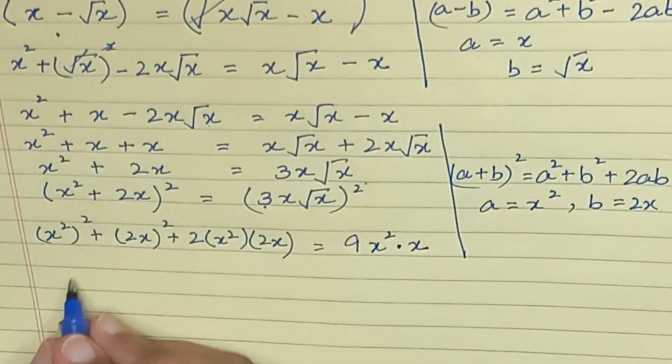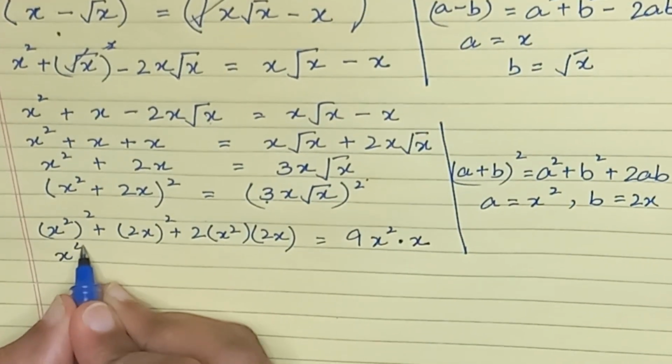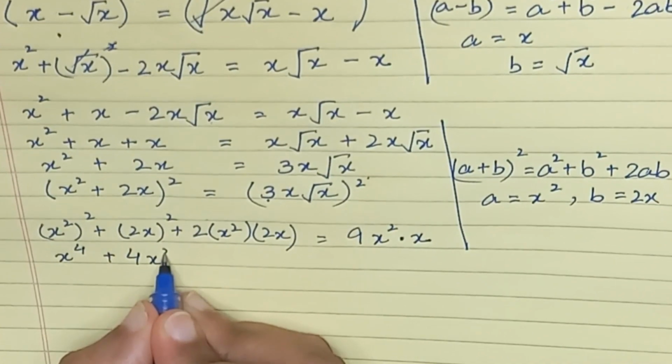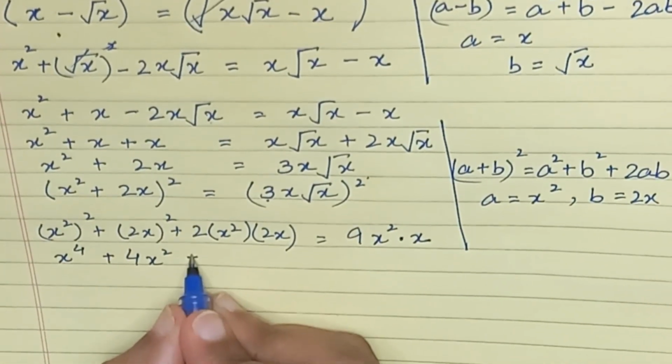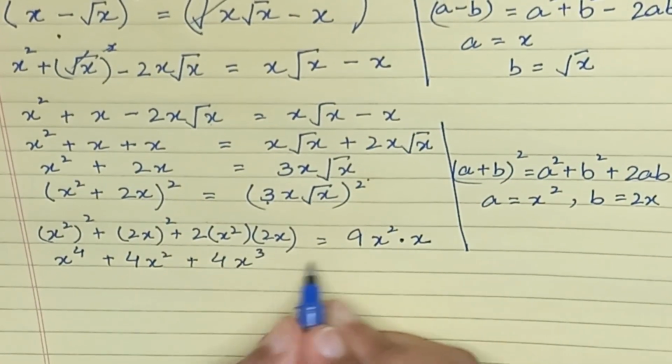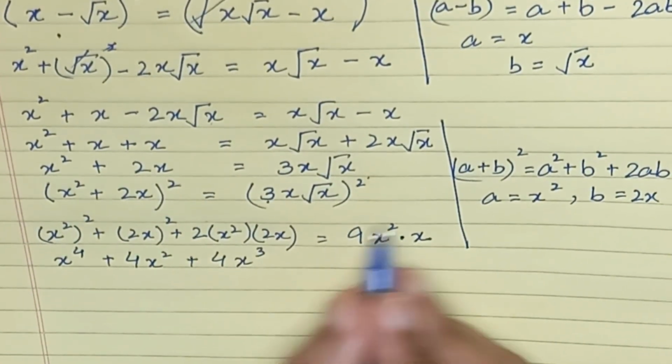So it will become x raised to the power 4 plus 2 squares means 4x square, and 4x square into x will become 4x cube, and on the right it is 9x cube.